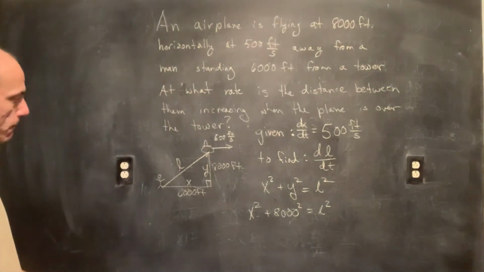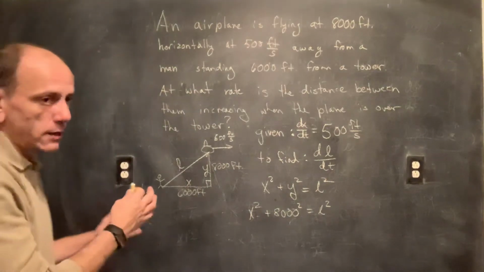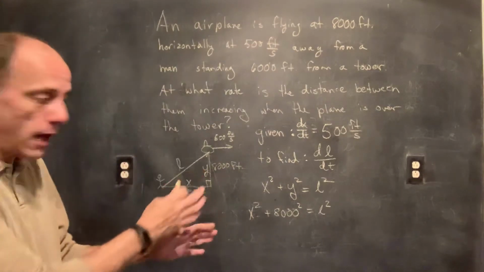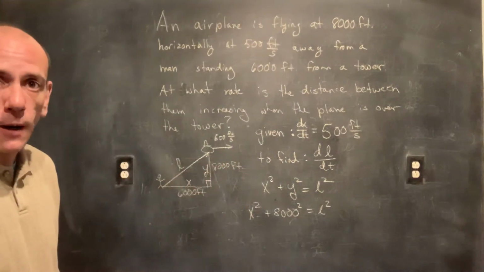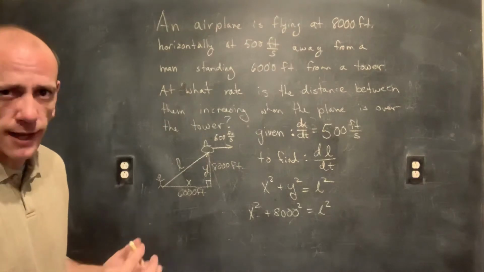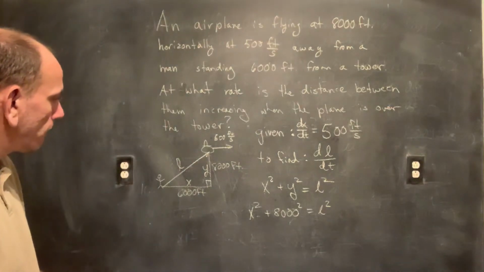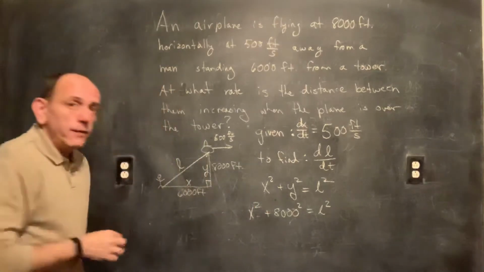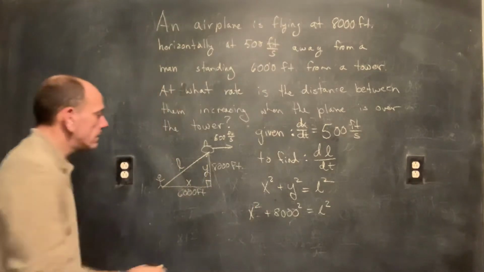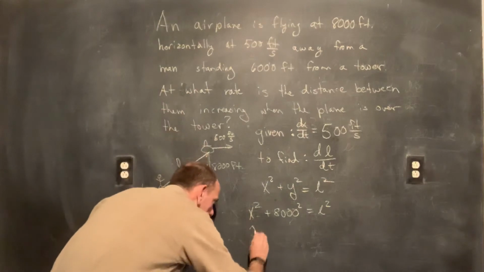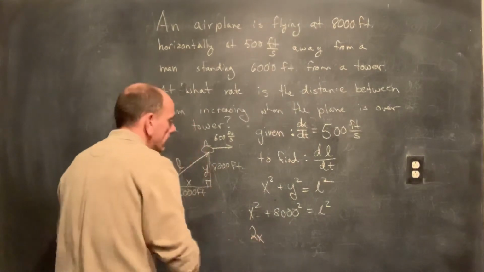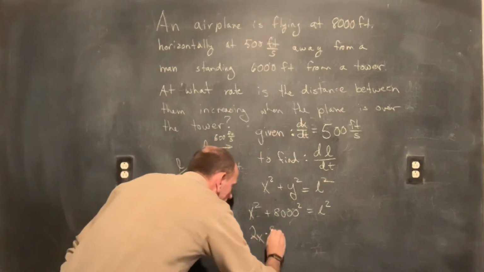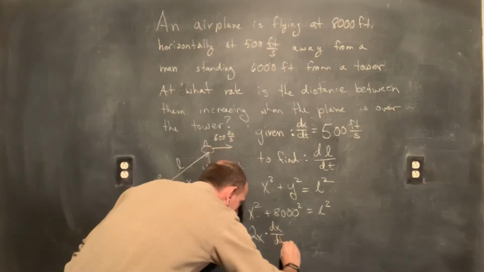So now I have a clear link between x and L. I don't have to worry about y, it was just a constant anyway. Sweet. So now I'm going to take the derivative with respect to t. The derivative with respect to x gives 2x, but then I need to multiply by dx/dt.